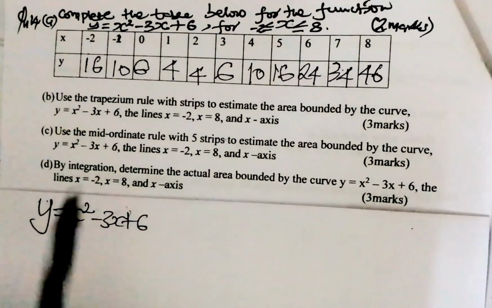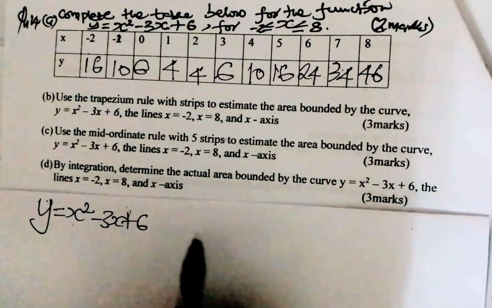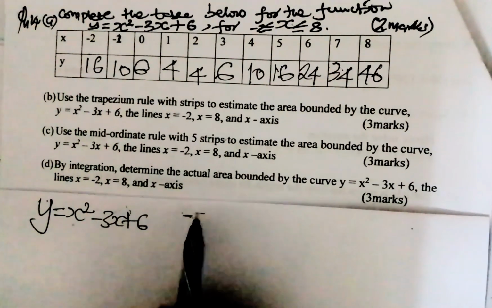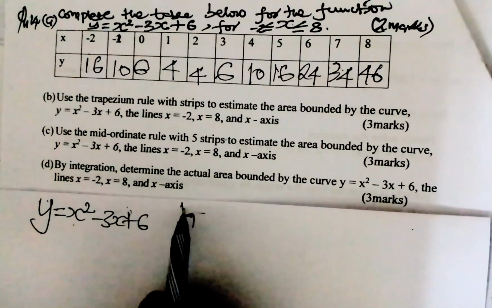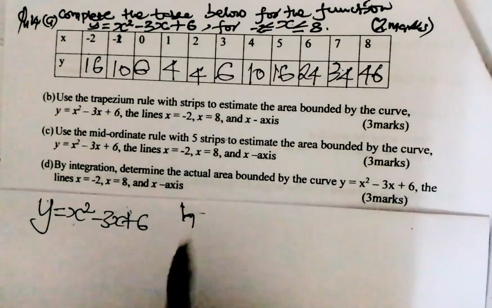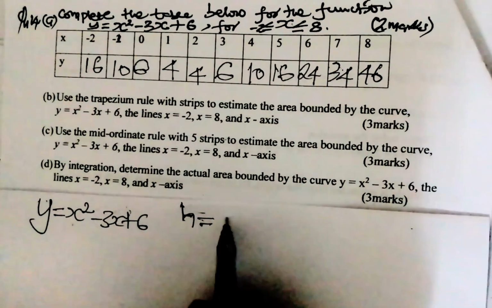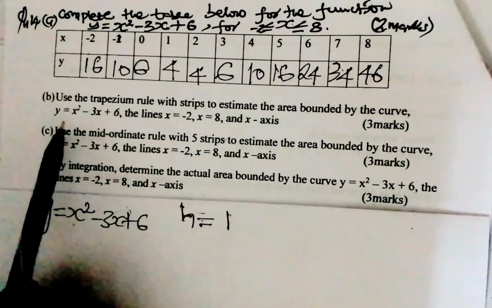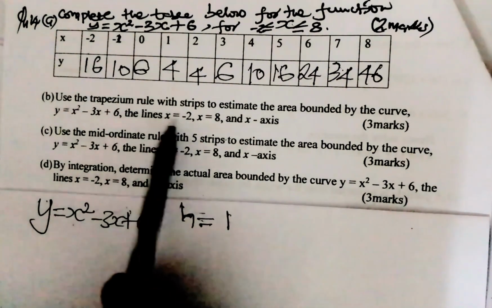We've already seen the trapezoidal rule, and using it we are going first of all to get the uniform heights of the trapezia. In this particular case, I'm going to use uniform heights of 1 unit each. Why? Because here we've not been told the number of strips to use.